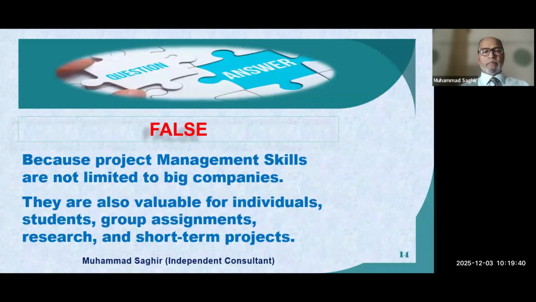It is false because project management skills are not limited to big companies. If you think about your daily activities at any level, you need to have these skills. In your individual capacity, you need to have skills to plan your daily activities. So that means it is applicable in all contexts.